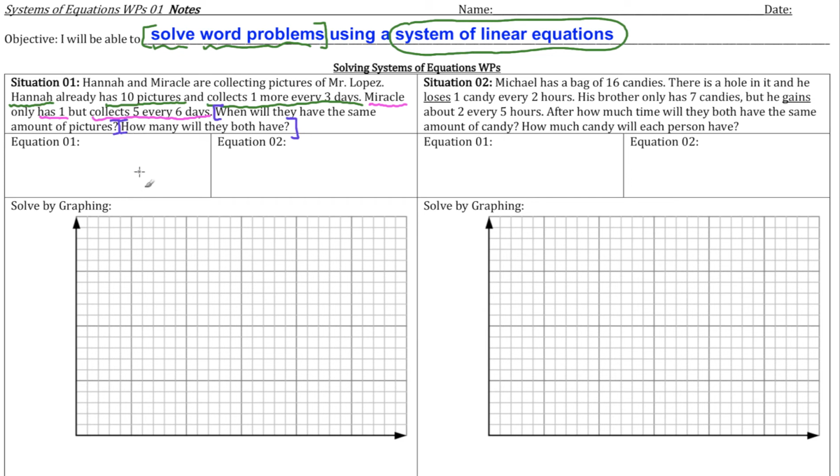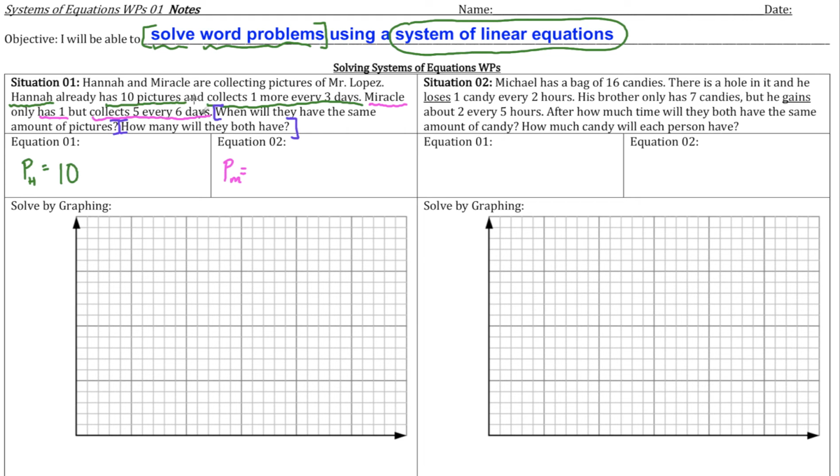So ultimately, we're talking about the pictures for Hannah and the pictures for Miracle. We're talking about the pictures for Hannah, and we're talking about the pictures that Miracle has. All right, so Hannah has 10 pictures.